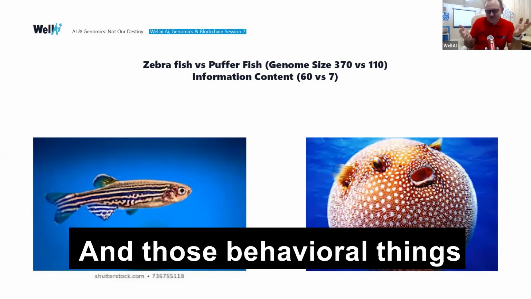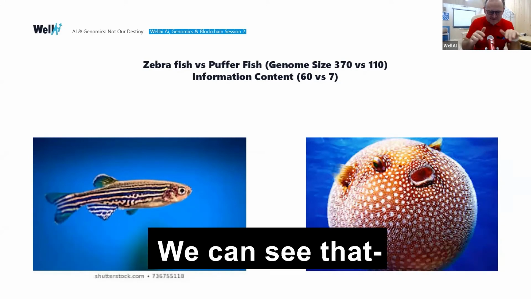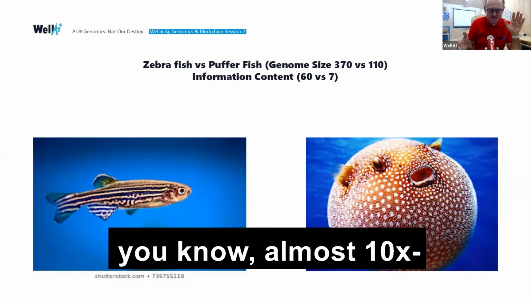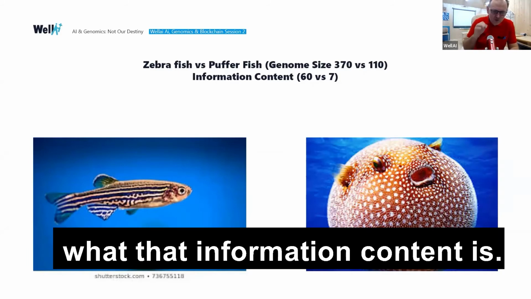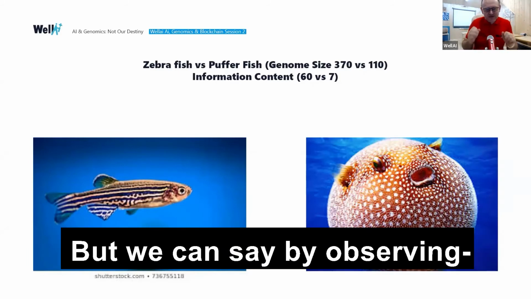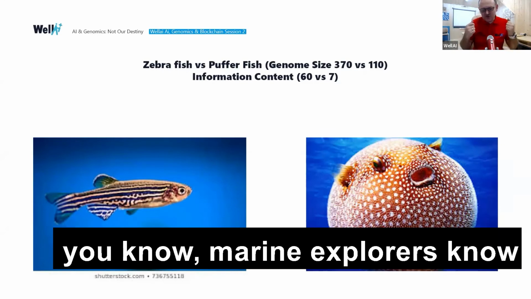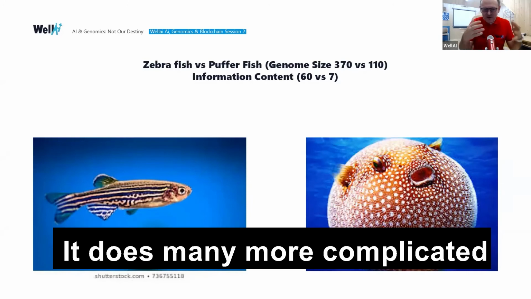And those behavioral things are also clearly genomic, and we don't understand them at all. We can see, using computer science, that the zebrafish has almost 10 times the information content. We have not even begun to understand what that information content is. But by observing the zebrafish, we know, as marine explorers know, that it has a far more complicated lifestyle. It does many more complicated things.